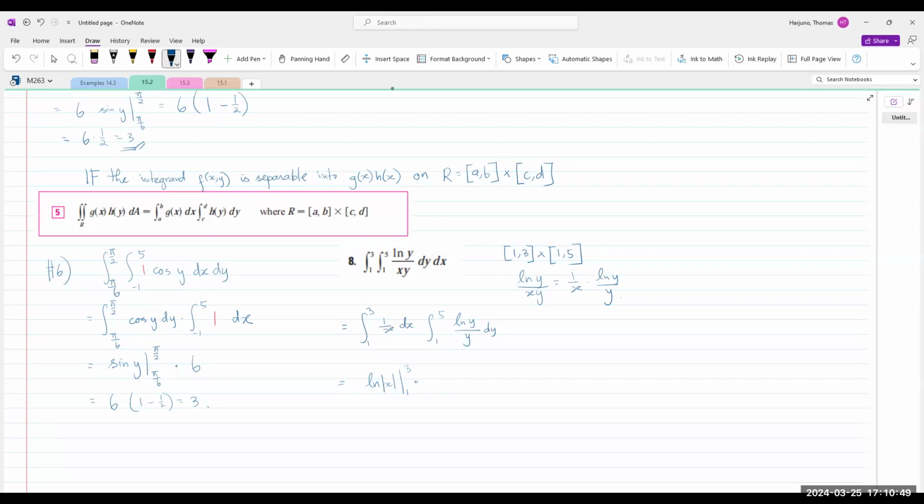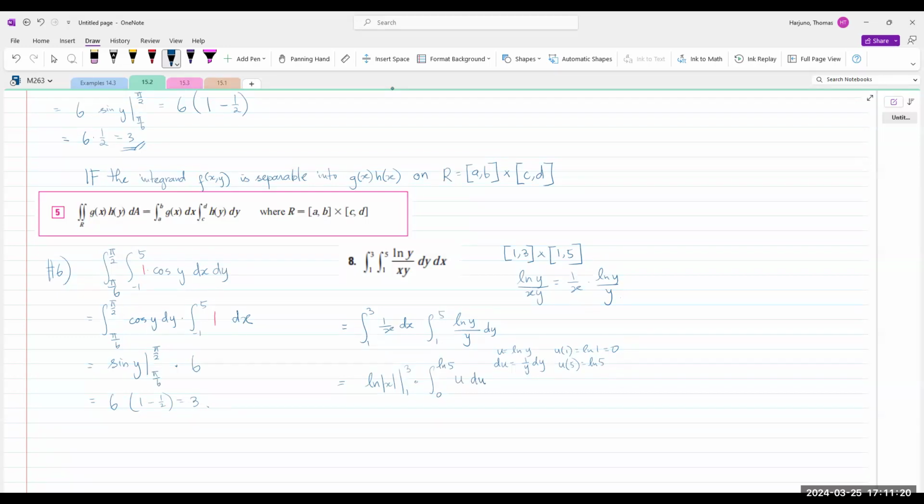Let's do u substitution. Let u equal natural log of y. Then du will be 1 over y dy, right? Okay, so u at 1 is ln 1, which is 0. u at 5 will be natural log of 5. So this integral now becomes the integral from 0 to natural log of 5 of u du, right?